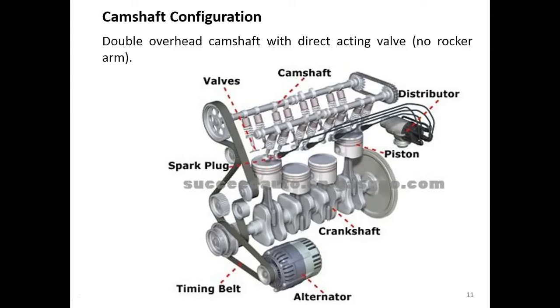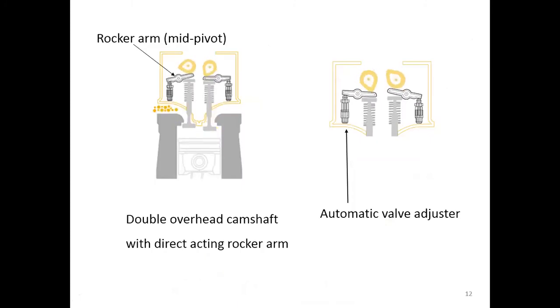So all the development that you see goes toward reducing the inertia. That means your engine can come up with higher power because of the reduced inertia. Okay, so it shows you here the cam.